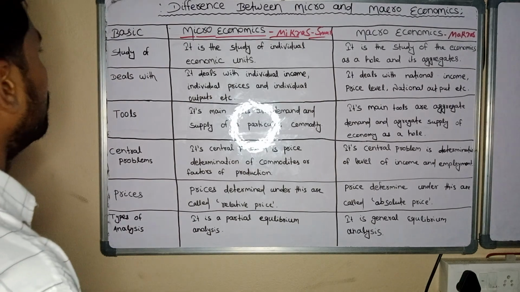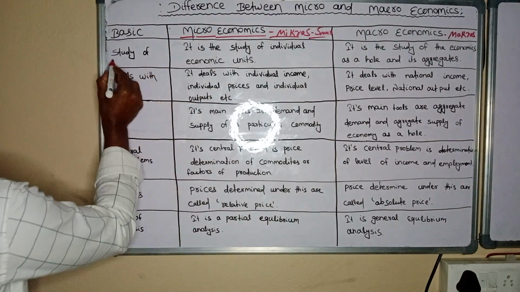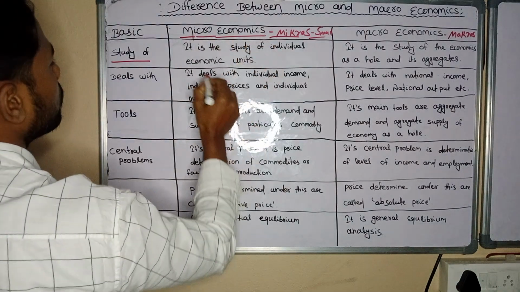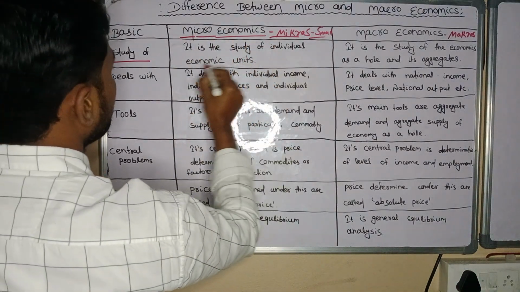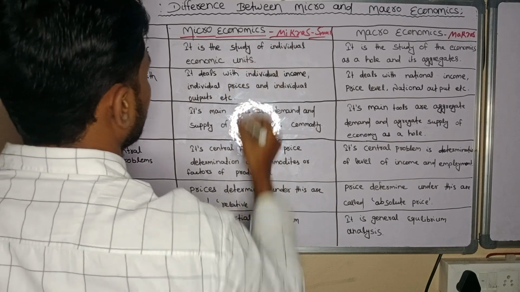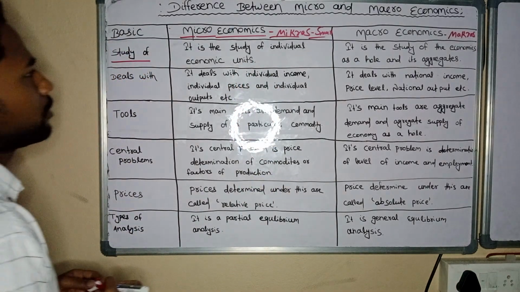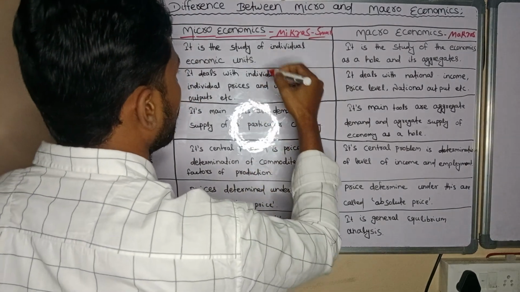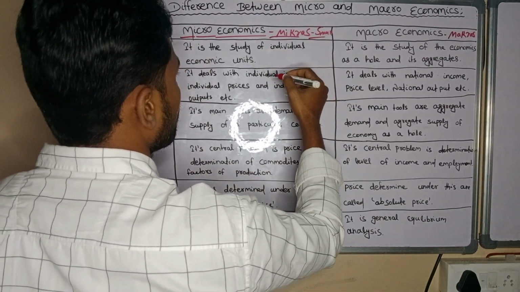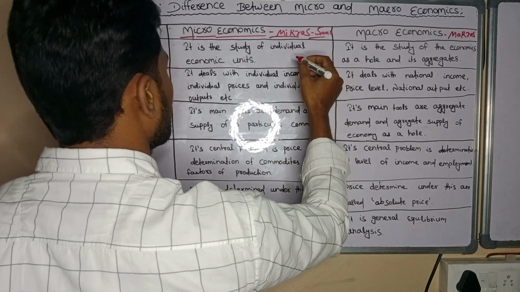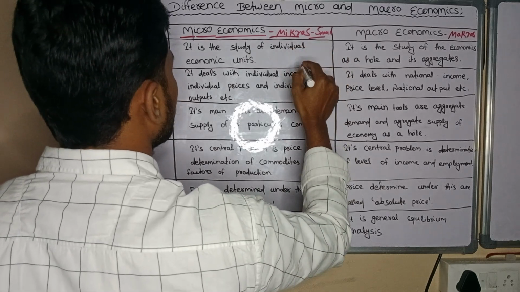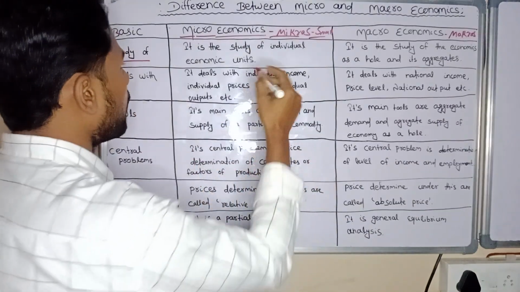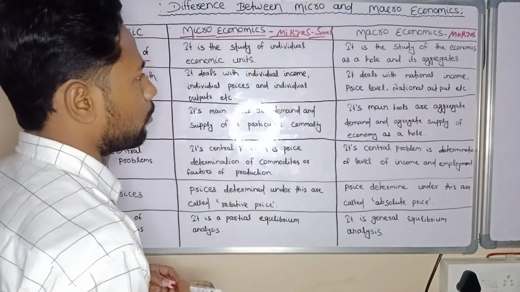So the first difference is based on the study, what we are studying. Microeconomics is the study of an individual economic unit. An individual economic unit means a particular firm, a particular company or a particular HUF, any individual unit. If you are studying the economic behavior of an individual unit, that belongs to microeconomics.